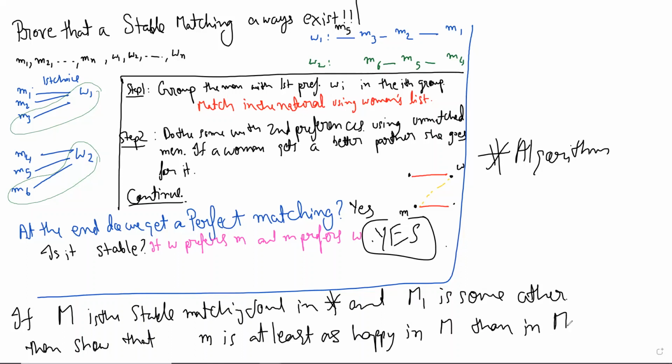This is maybe a surprising statement, because the men are getting demoted, but this is what's happening. If you take any other matching, then whatever the man is matched to in M is the best. Try to prove this. This is the homework.